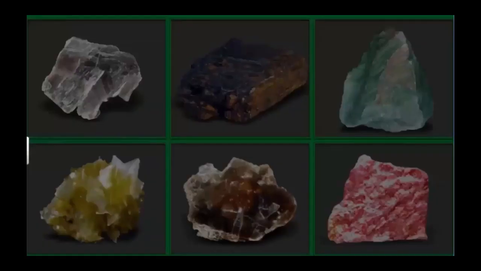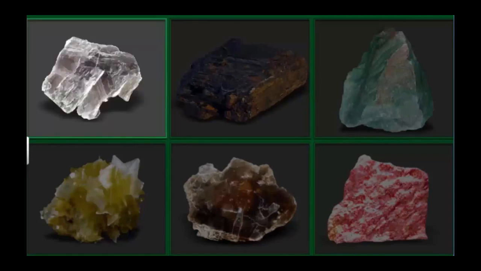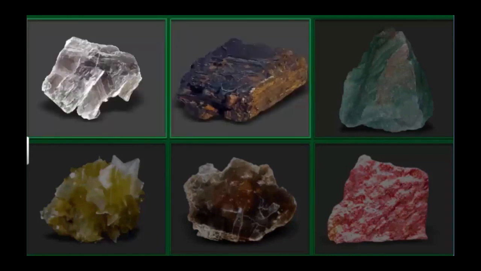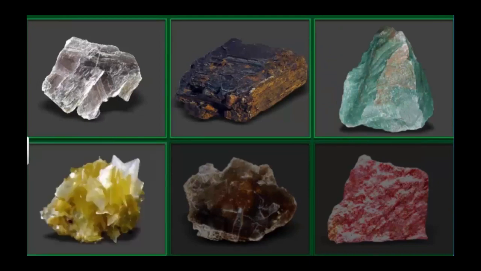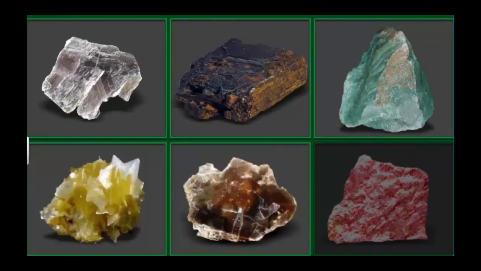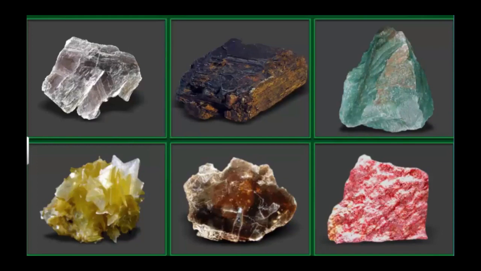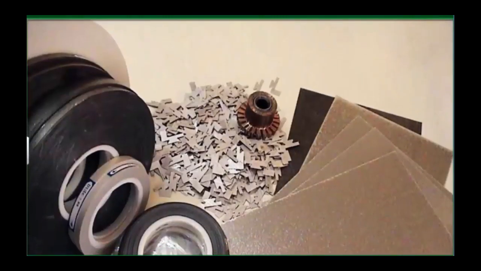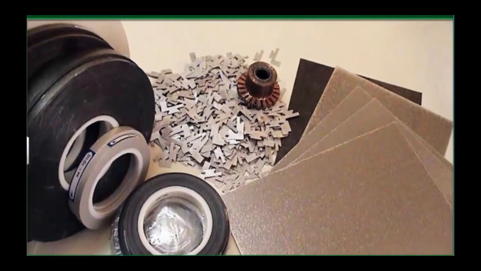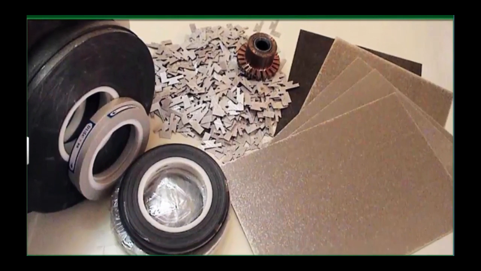You can find mica in many colors, from transparent to black, green, yellow, brown, and red. What makes mica special is its property to provide excellent electrical insulation with low power loss, even at very high voltages.